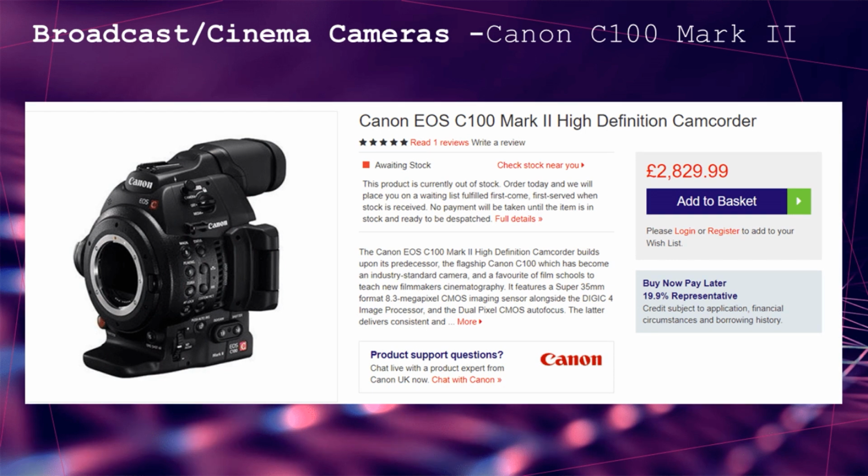Wowzers, I love it. I'll tell you what, these are getting fancier looking by the minute. The EOS C100, the one that comes after this, the C200 is the latest of them. But again, these are all broadcast cinema cameras.